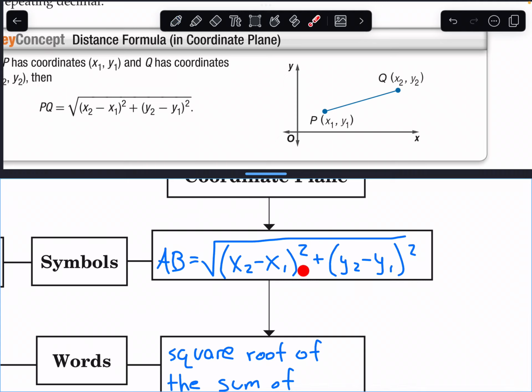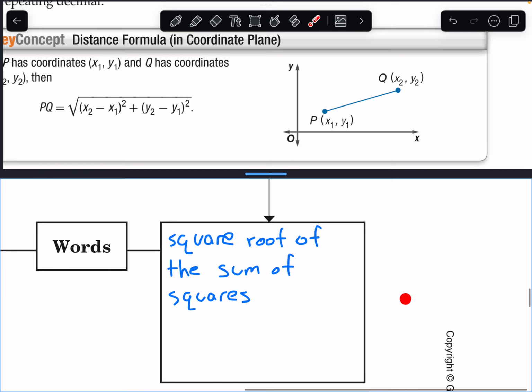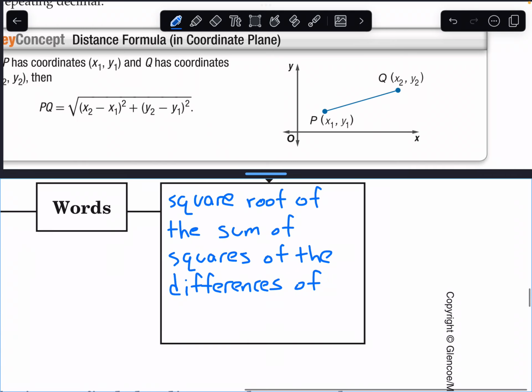So I'm going kind of the opposite way you would actually process this algebraically. To actually compute these, once you fill in the numbers, you would do the subtraction first, then you would square, then do both subtractions, then square both, and then add them, then square root. So I'm going to describe that in the opposite order. It would be the square root of the sum of the squares of the differences of the respective coordinates.